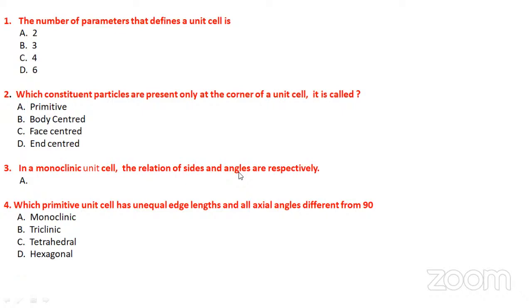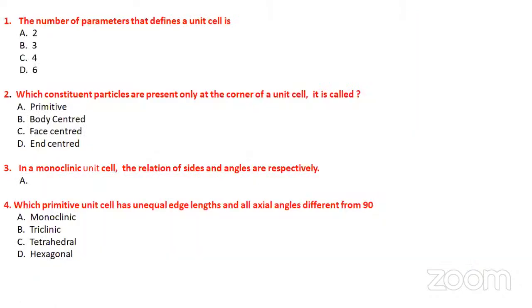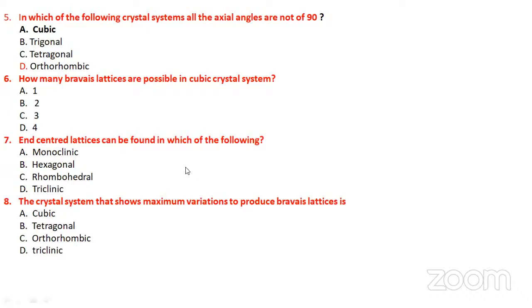And in angles, alpha and gamma are equal to 90 and beta is not equal to 90. Okay. I hope you got the answer. In a monoclinic unit cell, the sides A is not equal to B is not equal to C, and the axial angles alpha is equal to gamma is equal to 90, but beta is not equal to 90. So you may expect a question from this, Nana. Okay, so please go through the table.